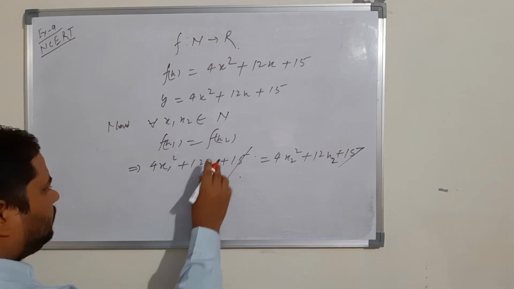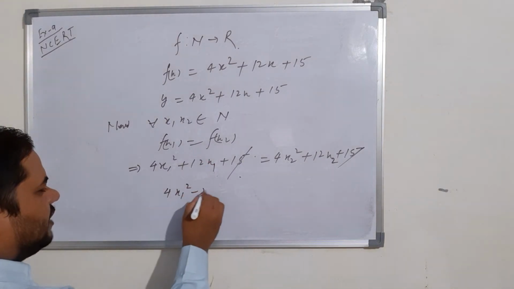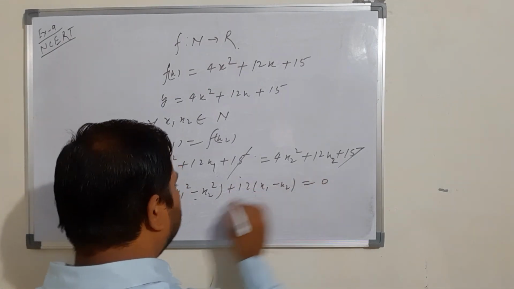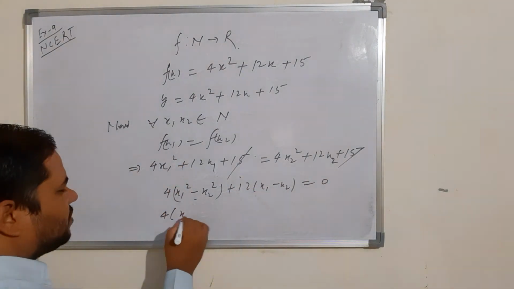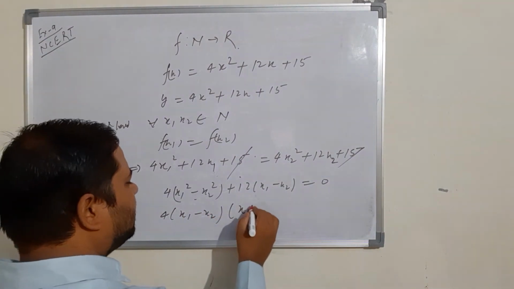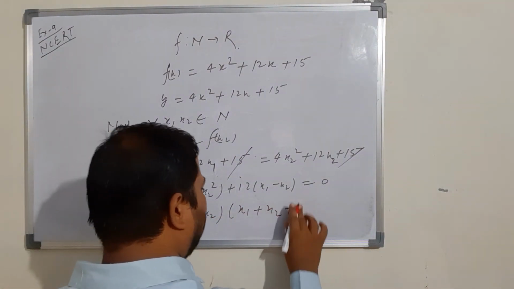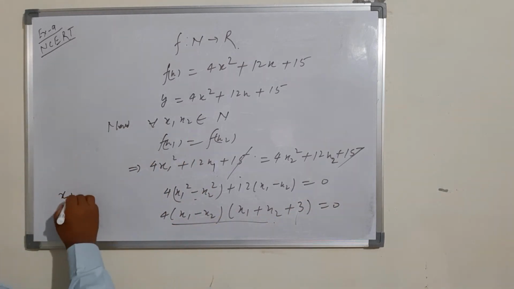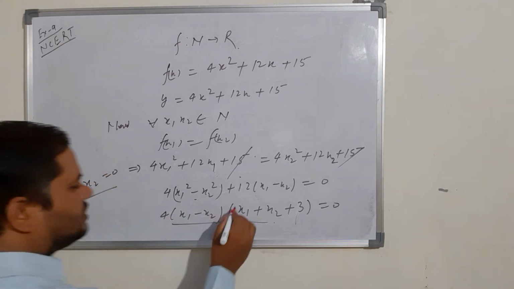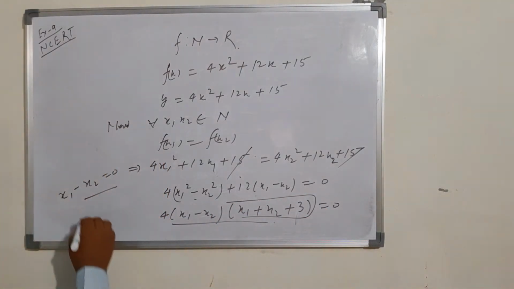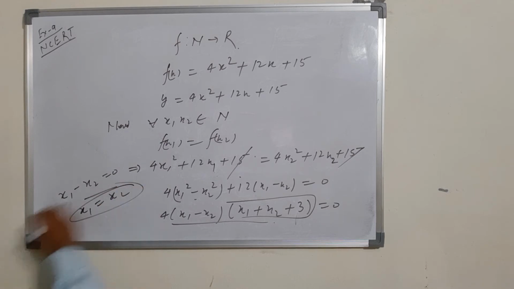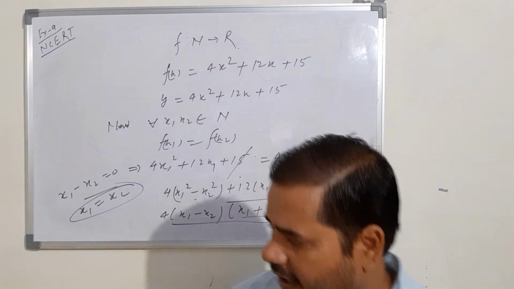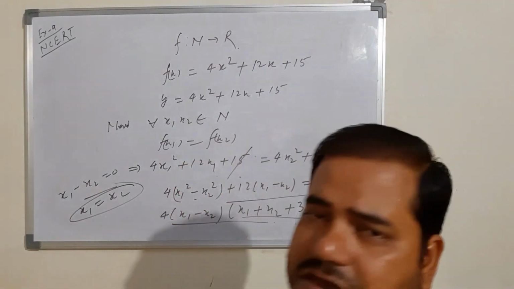So 4(x1 square minus x2 square) plus 12(x1 minus x2) is equal to 0, and we know x1 minus x2 is common, so (x1 minus x2)(4(x1 plus x2) plus 12) is equal to 0. So from this we have x1 minus x2 is equal to 0 because the other factor should not be 0. So x1 is equal to x2, and we have shown for each x1, x2 belongs to N, we have x1 is equal to x2.